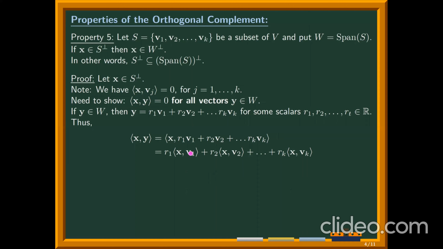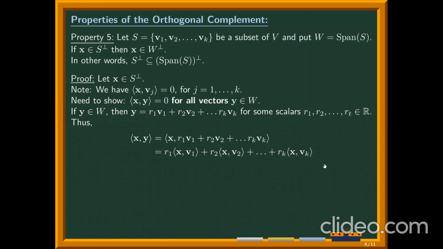Applying distributivity, it can be written as the sum of the inner product of X with R1V1, X with R2V2, up to X with RKVK. But R1 is a scalar, so the inner product of X with R1V1 is equal to R1 times the inner product of X with V1. Similarly, the inner product of X with R2V2 is equal to R2 times the inner product of X and V2, and so on up to the last term.